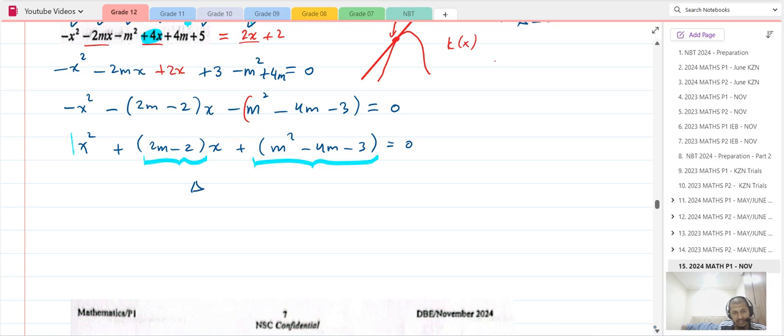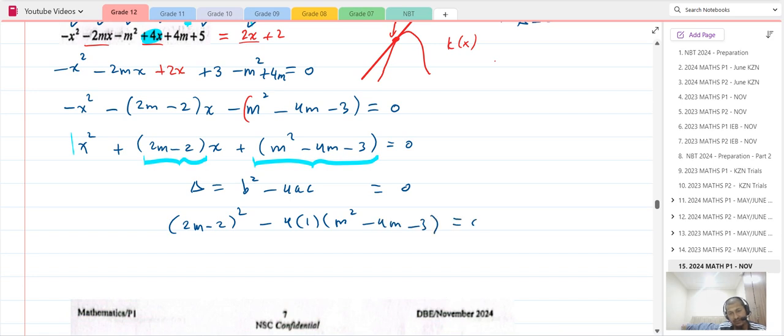So delta, which is b squared minus 4ac, needs to be equal to 0. B squared is 2m minus 2 all squared, minus 4. A is 1. C is m squared minus 4m minus 3, is equal to 0.